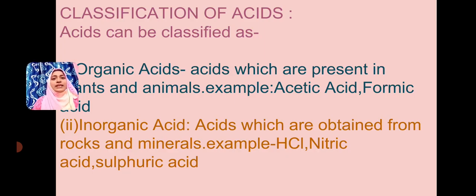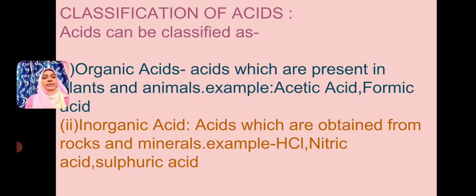If we see the classification, acids can be classified as organic and inorganic acids. Acids which are present in plants and animals are called organic acids, for example acetic acid and formic acid.